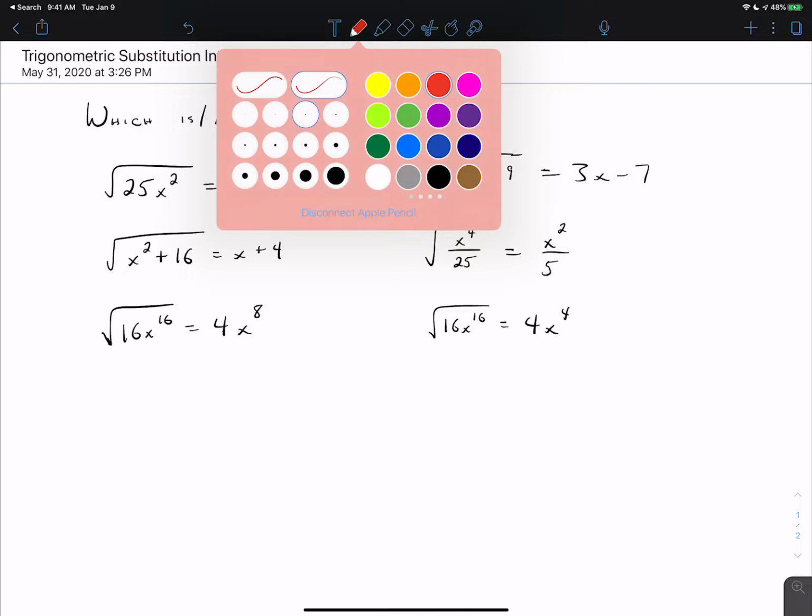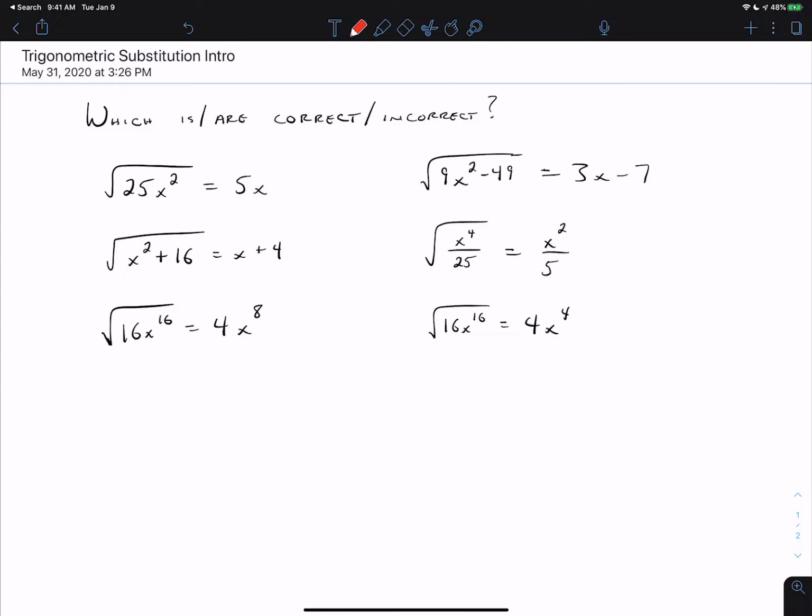Okay, if you're looking at these, definitely this and this are wrong. You cannot split addition and subtraction underneath a square root. One quick way to see that is that if you could, the square root of 9 plus 16 would be the square root of 9 plus the square root of 16, which would be 3 plus 4, which is 7.